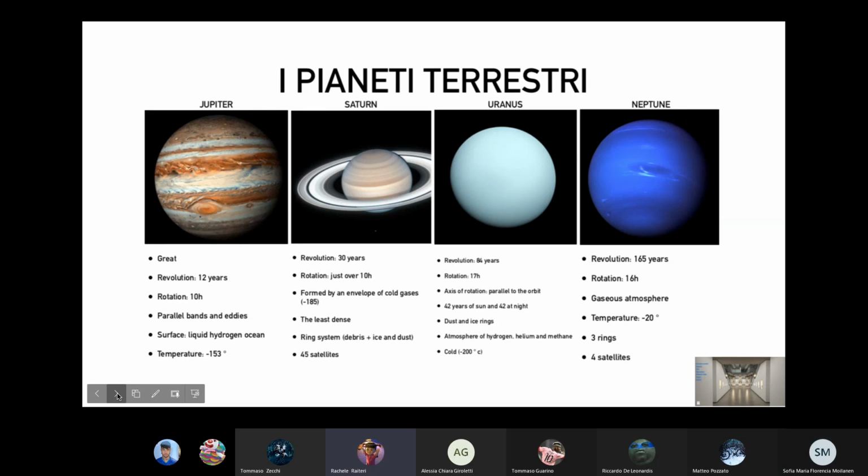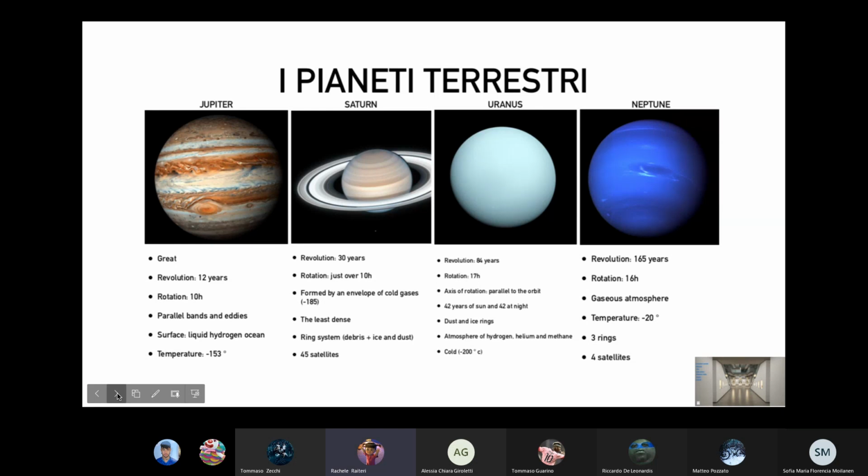Saturn has a revolution of 30 years and a rotation of over 10 hours. And Saturn is formed by an envelope of cold gases at minus 185 degrees Celsius, and it is the least dense planet of the solar system.